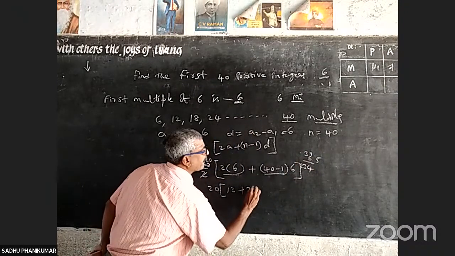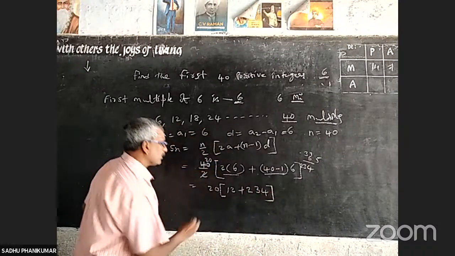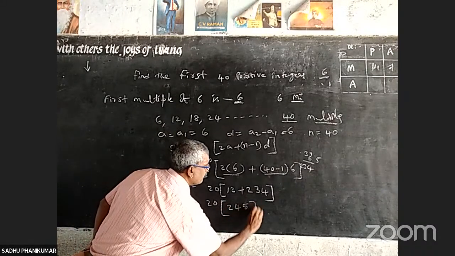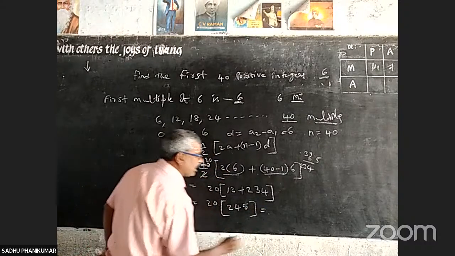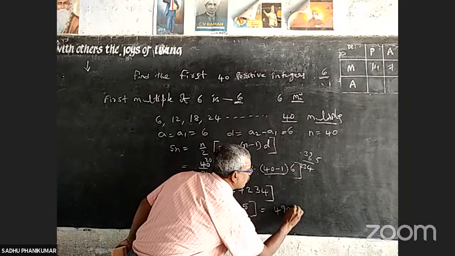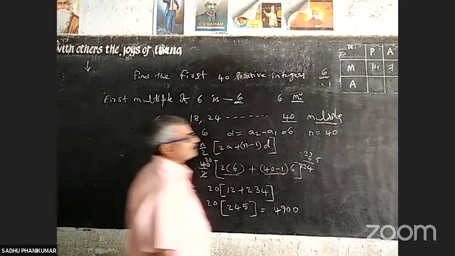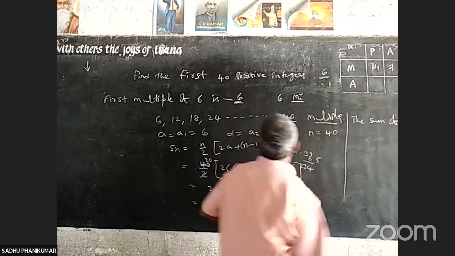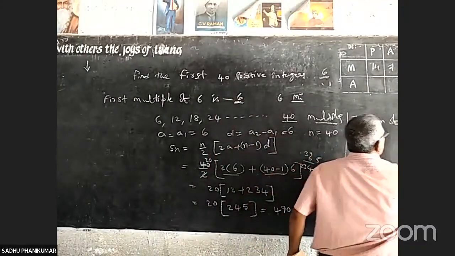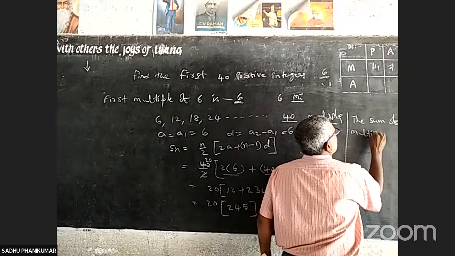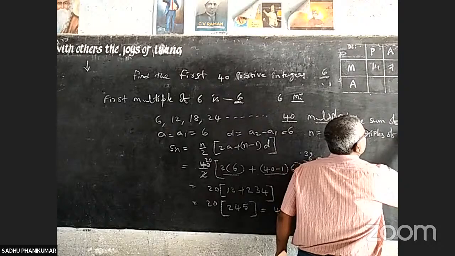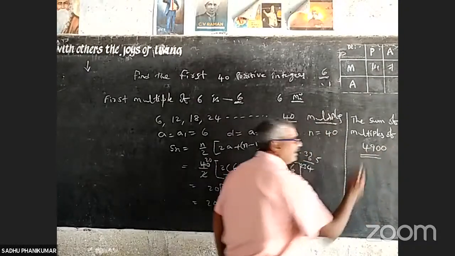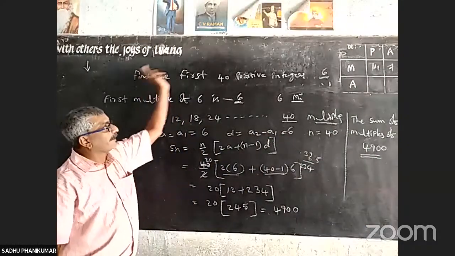That is 20 into 246, which is 4,920. So the sum of the first 40 multiples of 6 is 4,920.